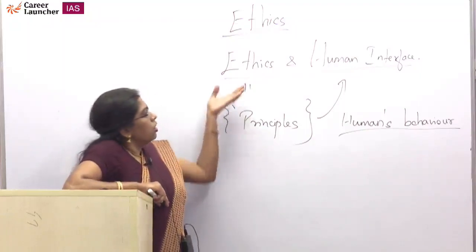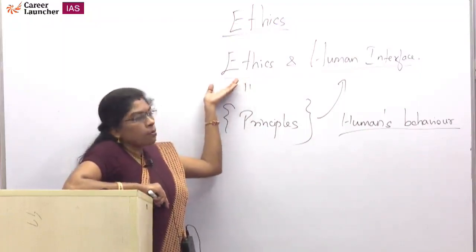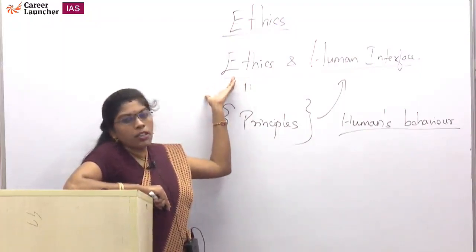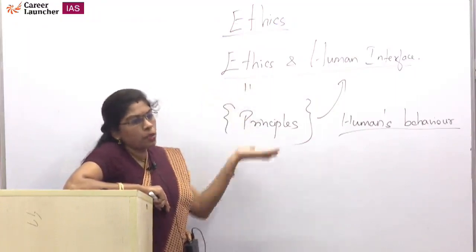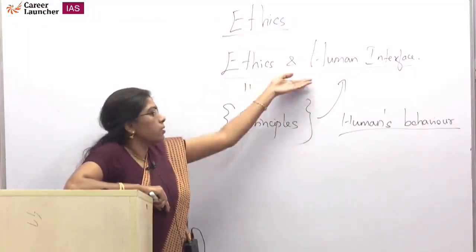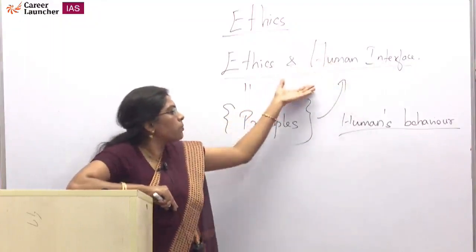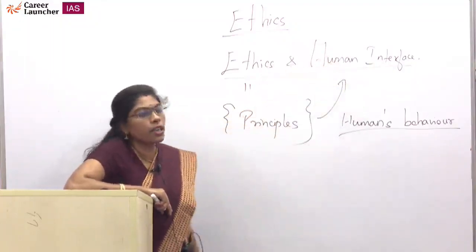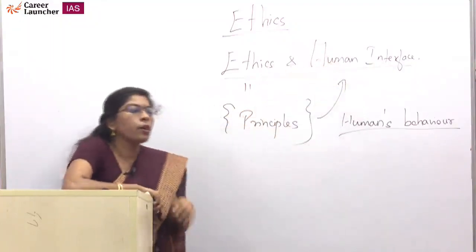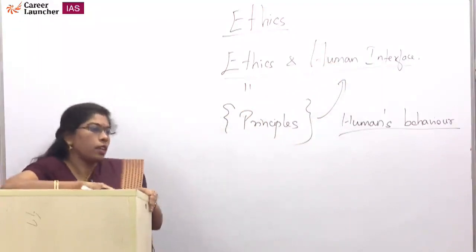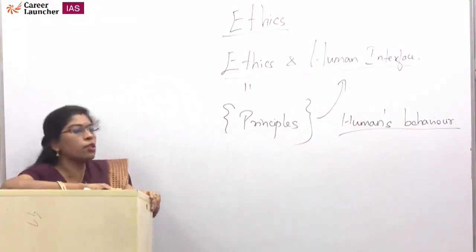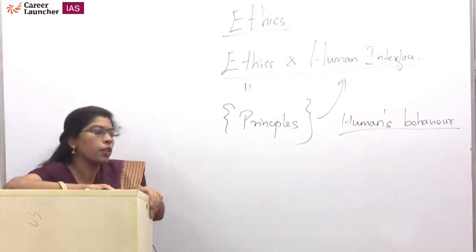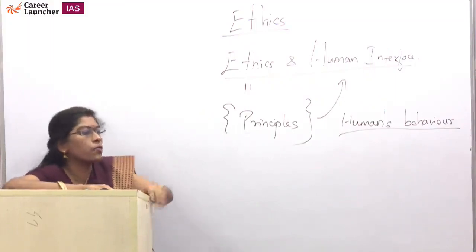We can't have ethics for animals alone, because a human is always linked to it. When we say ethics and human interface, we are assessing human behavior towards the environment, towards an animal, towards everything. That will come as bioethics, environmental ethics, and various other phases of ethics.